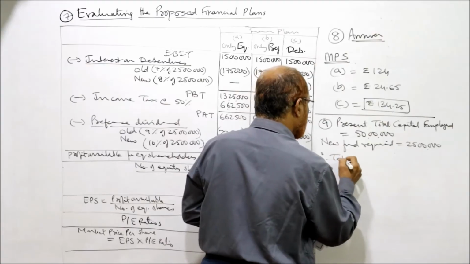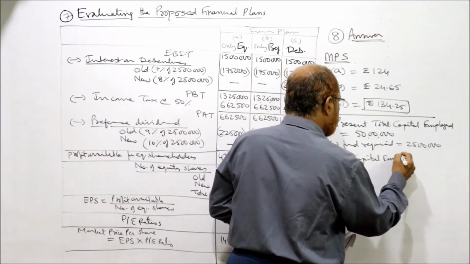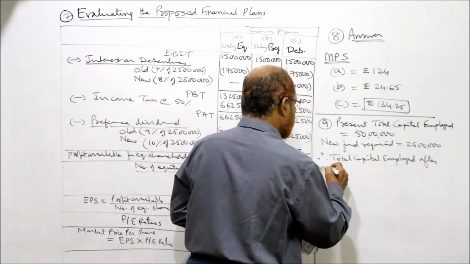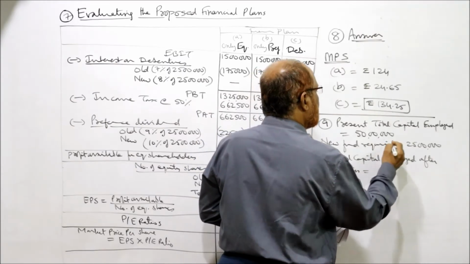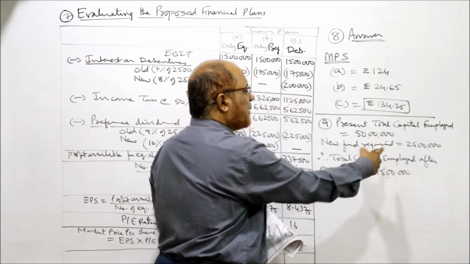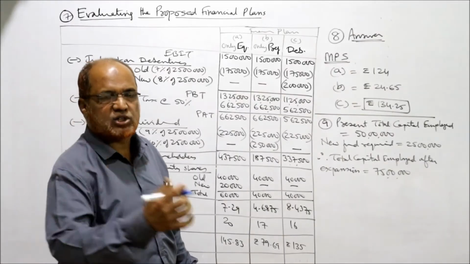Therefore, total capital employed after expansion is equal to 75 lakh, 50 lakh plus 25 lakh. 75 lakh rupees is the total capital employed after expansion.